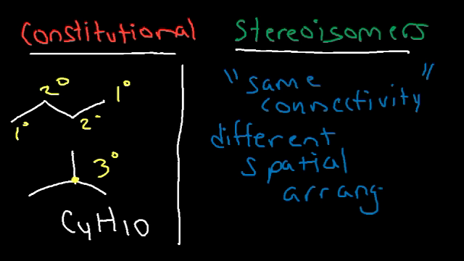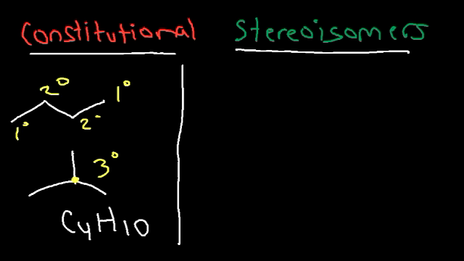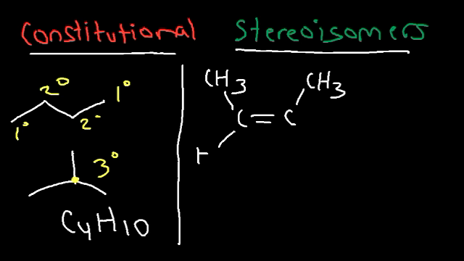Let me give an example. Consider the cis-trans geometric diastereomers. Here we have the cis isomer, and let's draw the trans isomer. Trans isomers are always known as diastereomers.